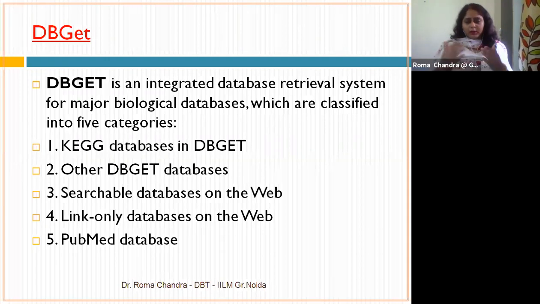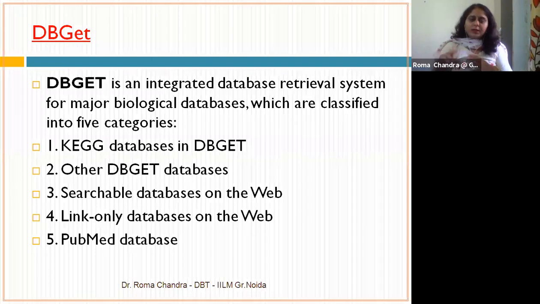if we are aware, then we can go for a Google search. We can mention the name of our protein, or the name of our nucleotide sequence database, and click the search button on our Google tab, and we can be redirected to that particular URL. But if we are not aware, then we can deal with these information retrieval systems.